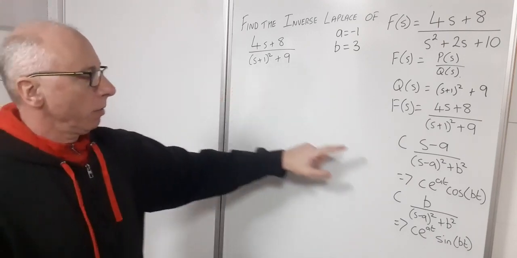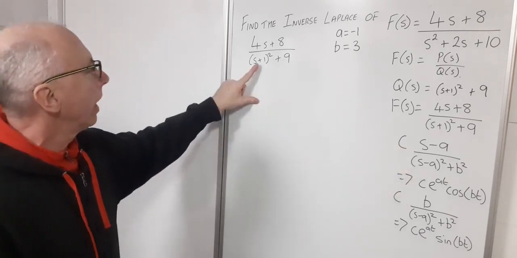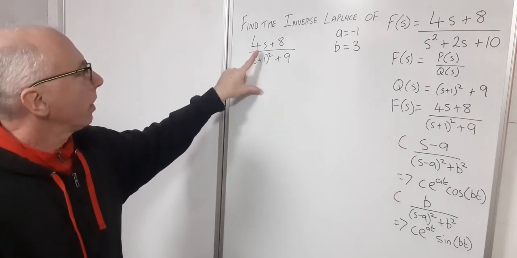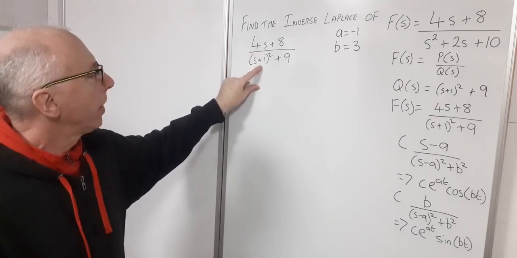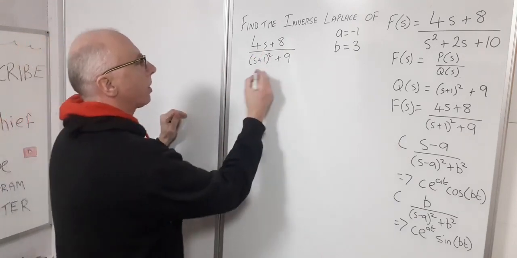So we want an s minus a in the numerator and an s minus a squared in the denominator. Well, we've got s plus 1 squared here. So if we put an s plus 1 in our numerator, that will give us something we can work with. So let's do that.